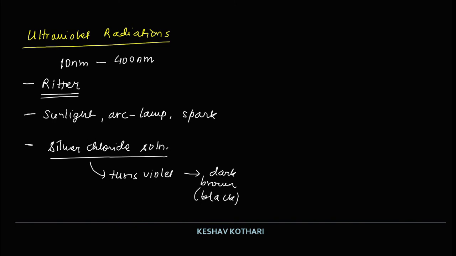They are also detected by their chemical activity on dyes and photographic plates. So this is basically the detection portion of ultraviolet radiation. And as I already stated, the sun is the biggest source of ultraviolet radiation.